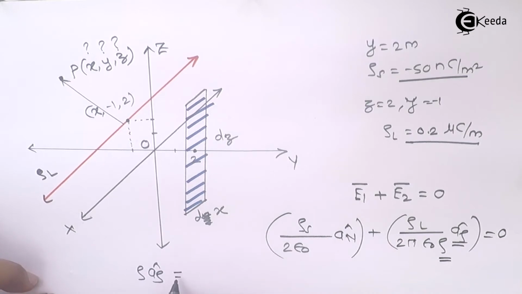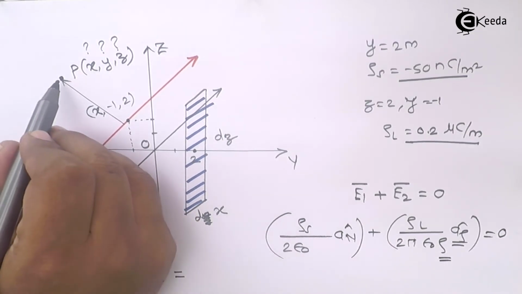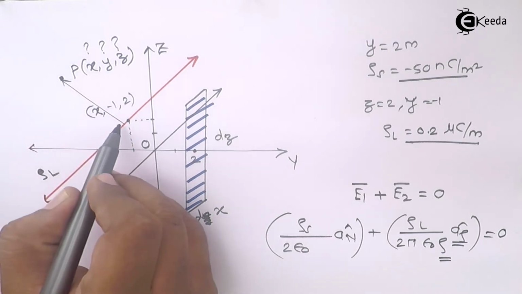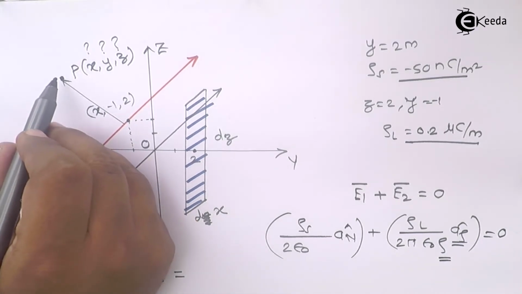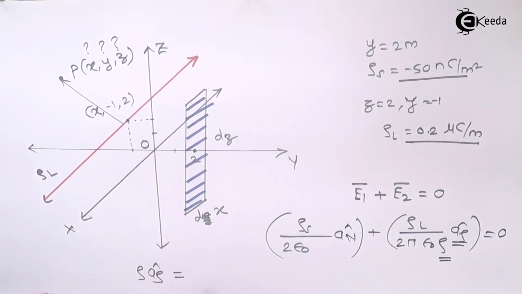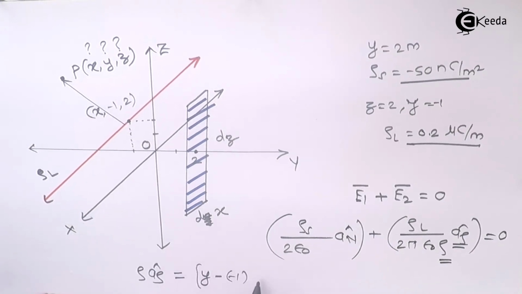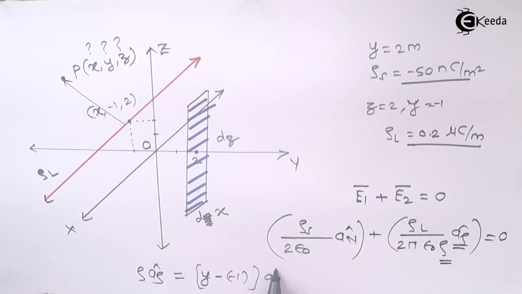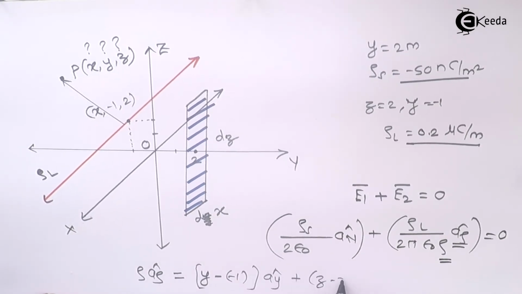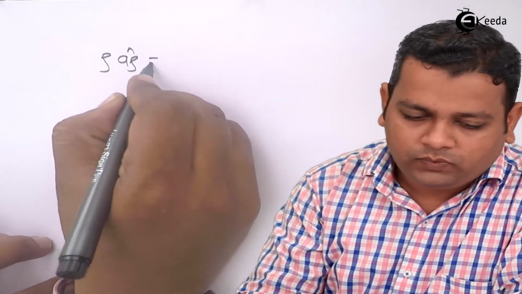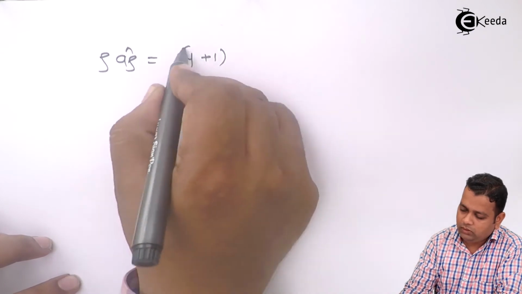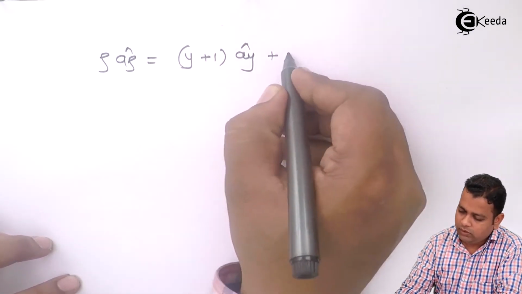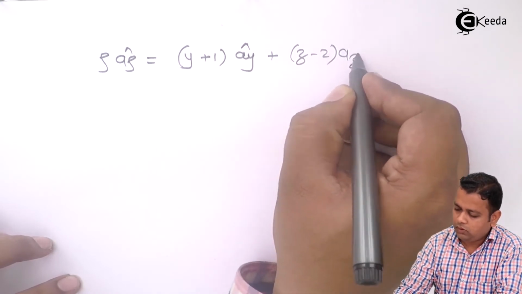So for rho arrow cap, it starts here and it ends here. So we generally subtract the coordinates of the starting point from the ending point. Hence, rho a rho cap is equal to y minus of minus 1 ay cap plus z minus 2 az cap. So this vector I rewrite: rho a rho cap is equal to y plus 1 ay cap plus z minus 2 az cap.